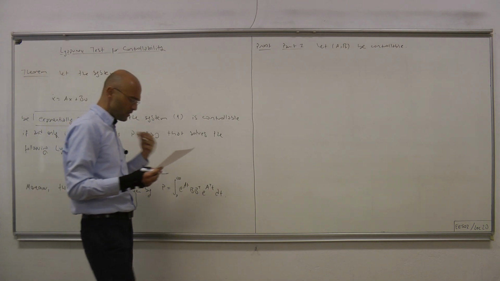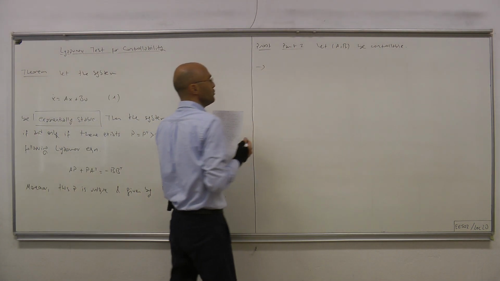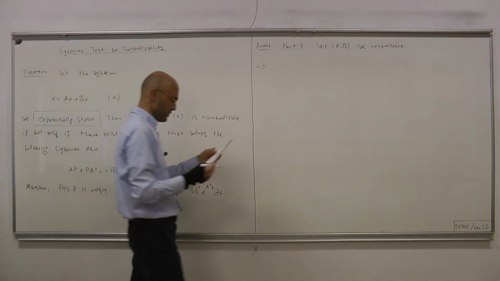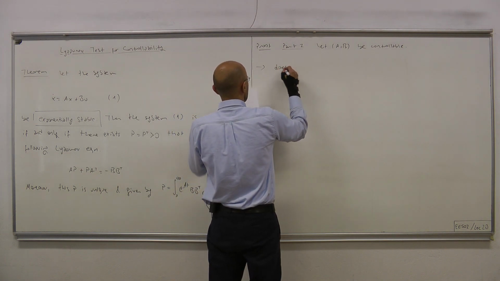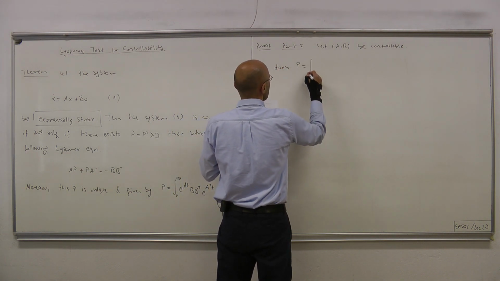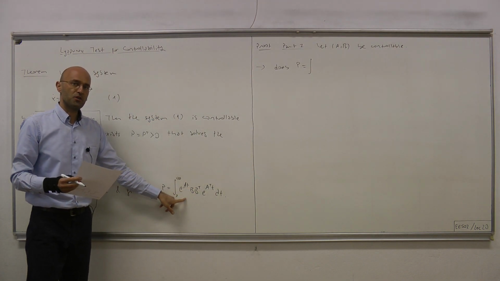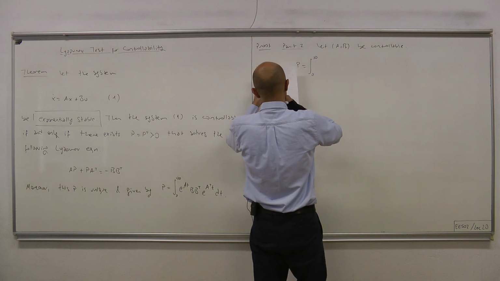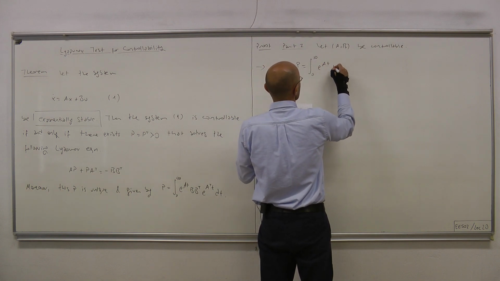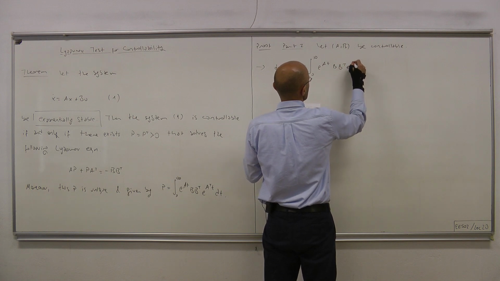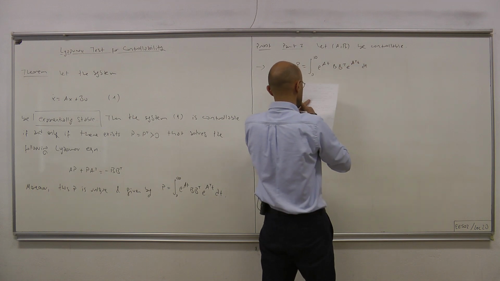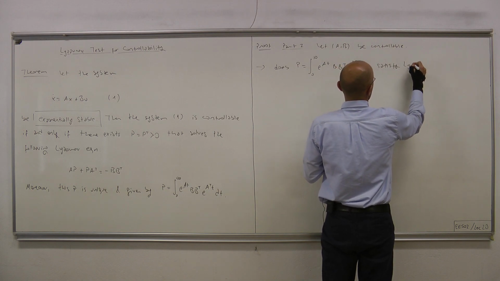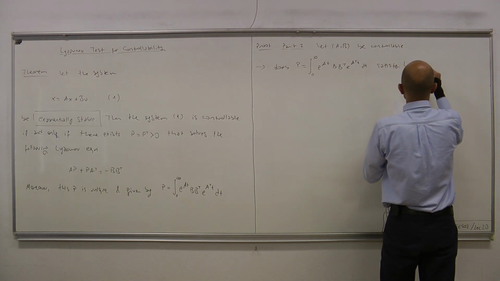Okay, so to prove the claims regarding this symmetric positive definite matrix, we have to answer certain questions, such as: does P, where its construction is given here, the integral from 0 to infinity of e to the A t, B B transpose, e to the A transpose t dt, satisfy the Lyapunov equation?